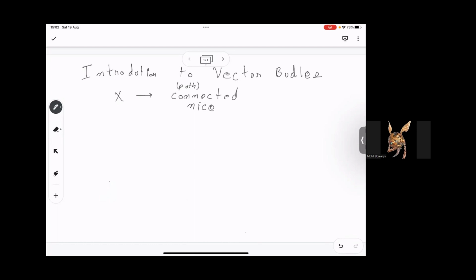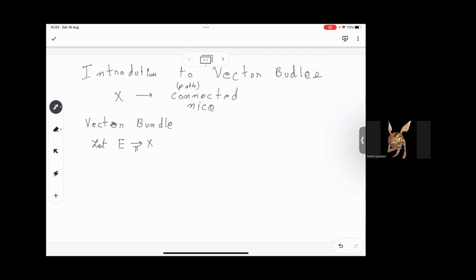Okay, so now let us begin with the definition of a vector bundle. I'm guessing that a lot of people here have seen this multiple times, but we'll still go into the definition. Vector bundle. So let pi: E to X be a map.